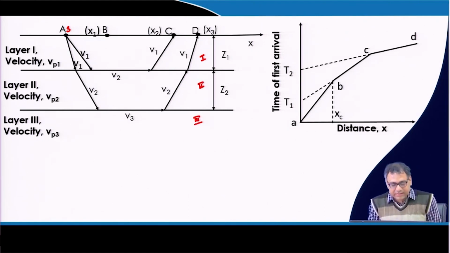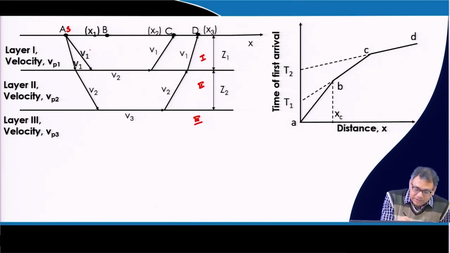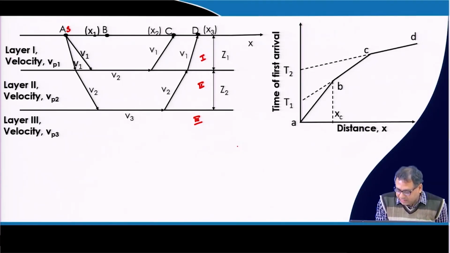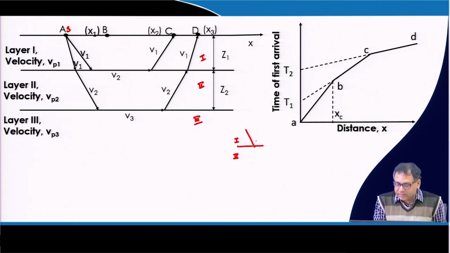And one thing is that now, if I have a two layer system, this is the ray that is coming to the interface of the first layer and the second layer. Suppose you have a velocity of Vp1 for the first layer and Vp2 for the second layer.